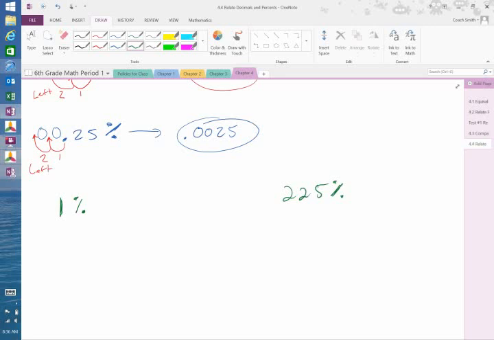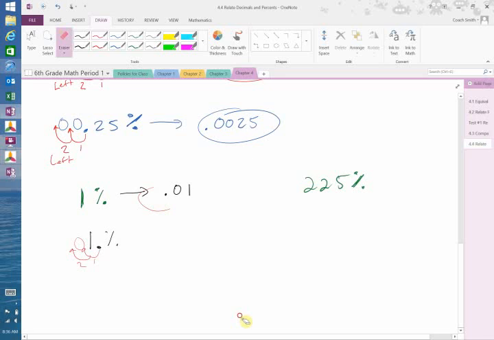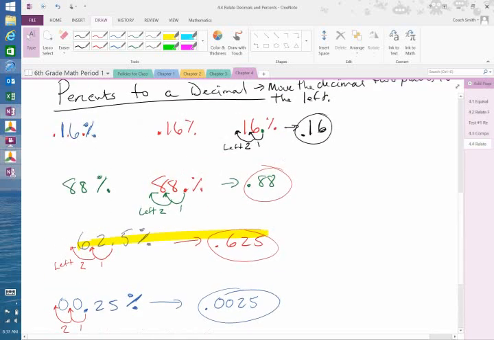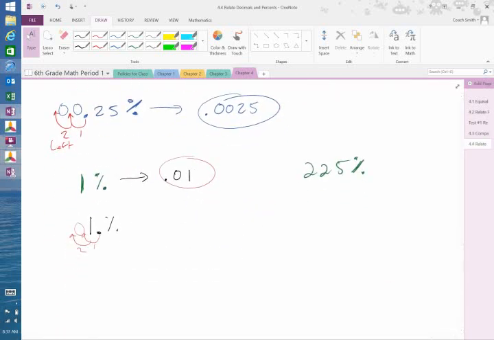All right, Staley, what did you get for the 1%? Yes, 0.01. Because in 1%, the decimal will be right there. So you move it once, twice to the left, and add a 0. Now how about 225%?